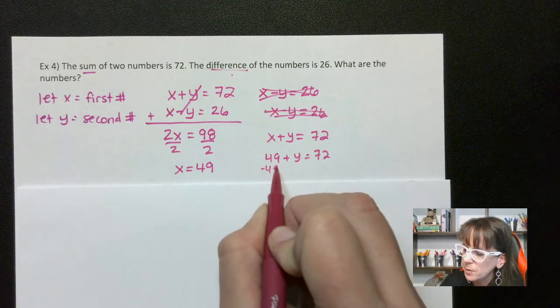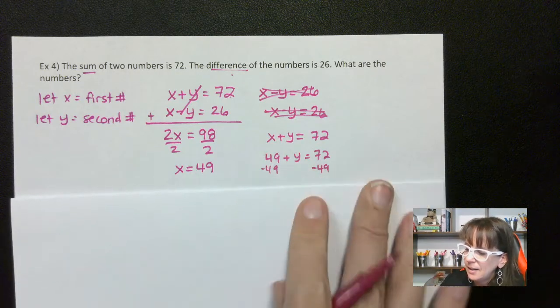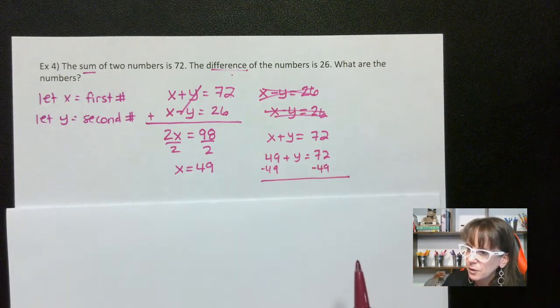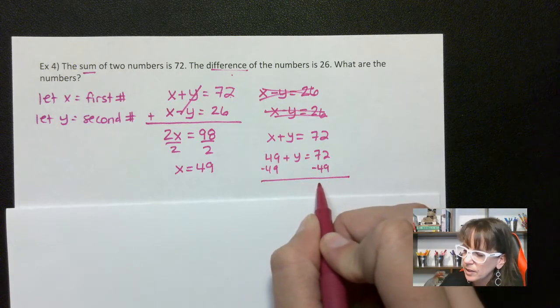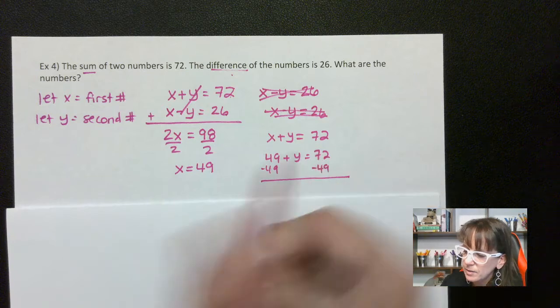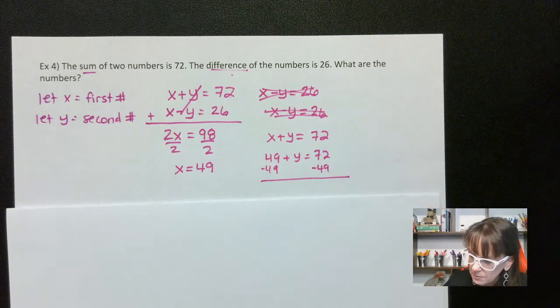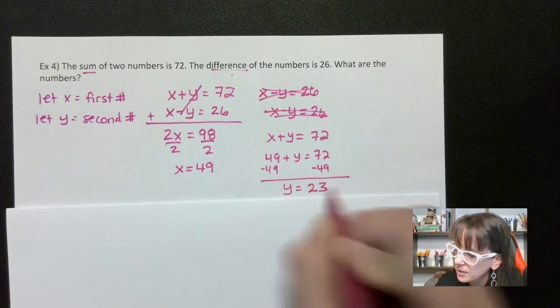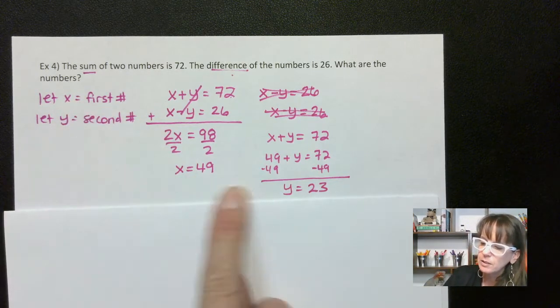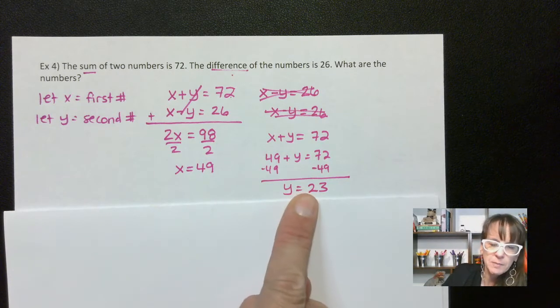Subtract 49 from both sides. Let me make sure I'm not making a simple error. No, see, 23. I knew something was slightly off. So the first number is 49 and the second number is 23.